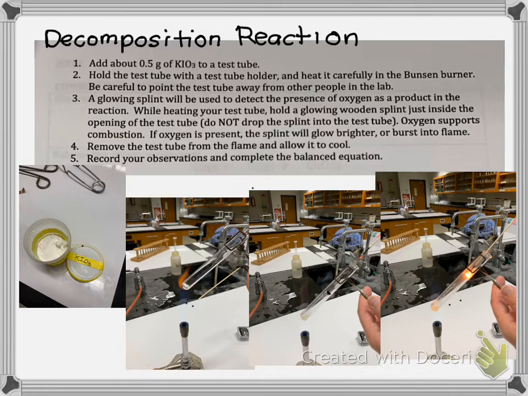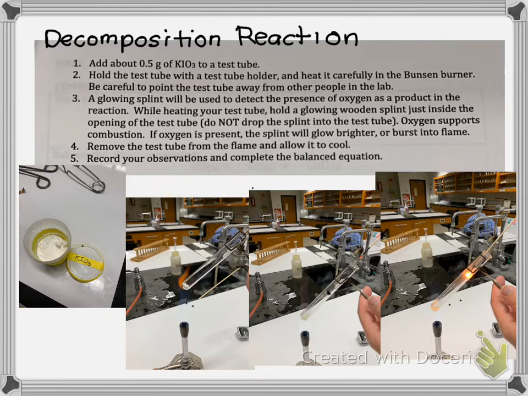So you get a piece of wood and you light it on fire and then you blow it out so there's no flame, but it has a little ember there, a little glowing. And if you stick it in the presence of oxygen, it catches back on fire. And so that tells us when oxygen is there. If there is no oxygen, it will not catch back on fire.